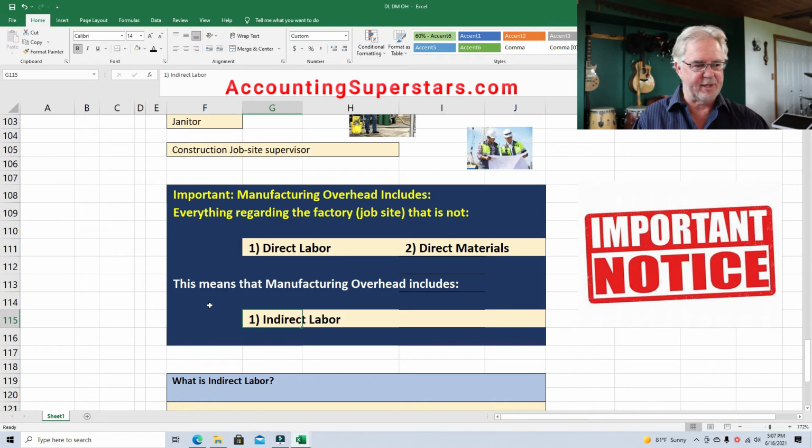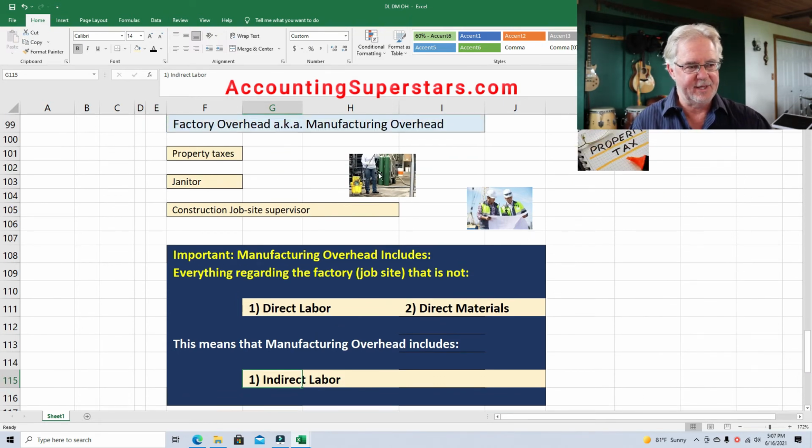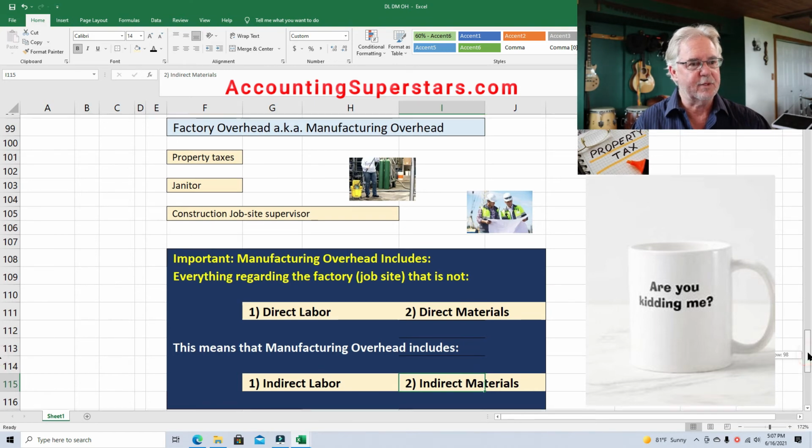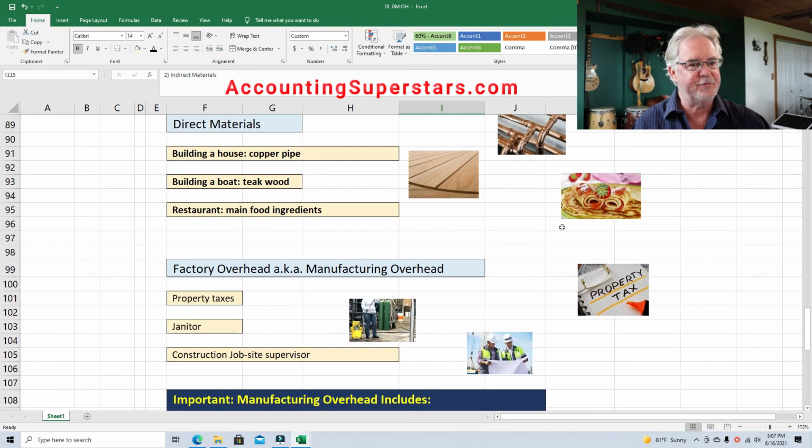So what the heck's indirect labor? Well, like the picture of that janitor cleaning, that's a person considered labor working in the factory, but not actually building the product. So indirect labor is part of overhead. And then the second thing is indirect materials. Now, indirect materials would be things like the salt and pepper for the food ingredients here.